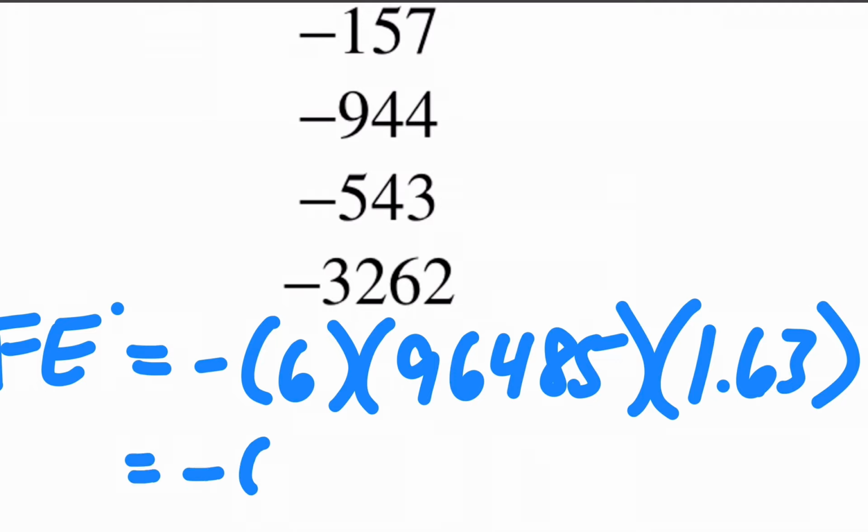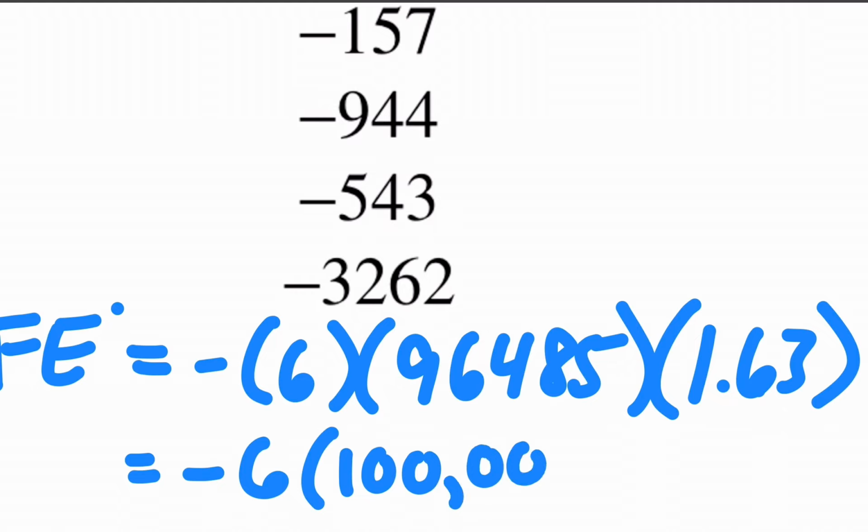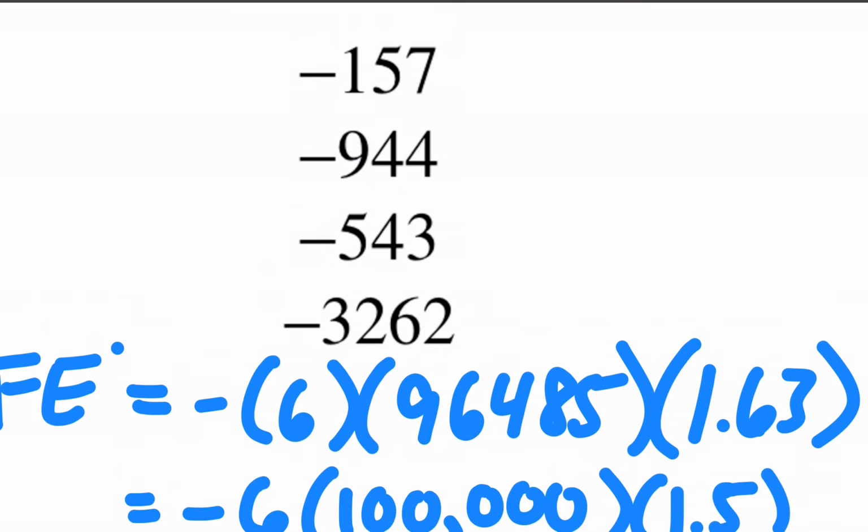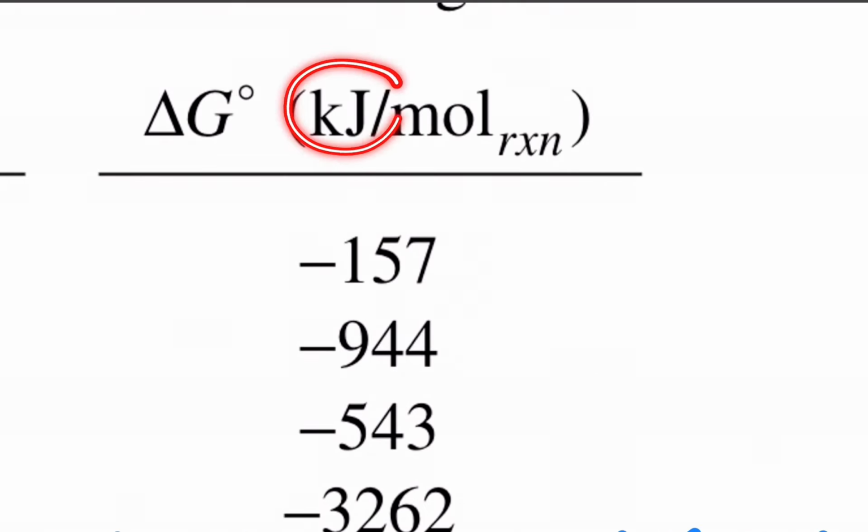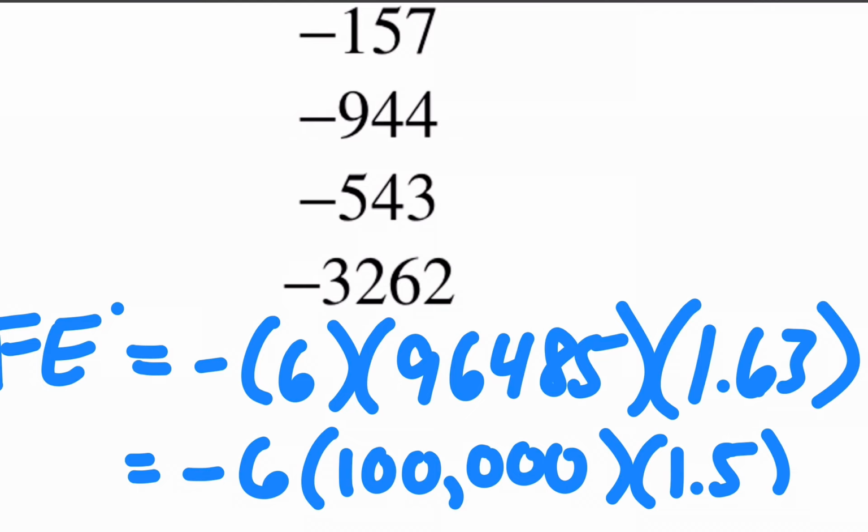I'll keep the 6. The 96,000, I'm going to round up a little bit and call it 100,000. The 1.6, I'm going to round down a little bit and call it 1.5. And I'm also noticing, they want this in kilojoules. If I leave this, I'm going to get it in joules. So really, I'm just going to divide by 1,000 right away, and I get negative 6 times 100 times 1.5.